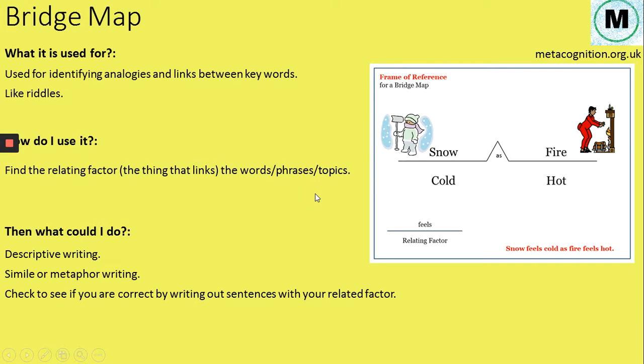You can then do it for simile and metaphor writing, and then you can check to see if you're correct by writing out sentences. So this isn't something that you need a teacher to check, or mum and dad, or an older brother or sister. You can just write sentences to see if you're correct. If we have a look at our example, this person thinks that the relating factor was feels, so they've written it out: snow feels cold as fire feels hot. You can see that that makes sense, and they've got that one right.